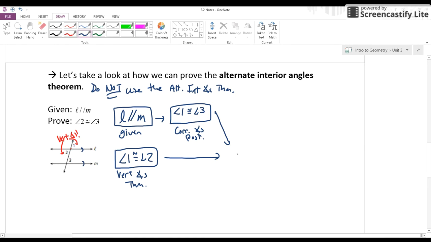So I need to use these two pieces of information to put angle 2 and angle 3 together. So angle 2 is congruent to angle 3 by your transitive property of congruence. And I'm done. So again, notice I didn't use alternate interior angles anywhere in my proof, but I can use anything else. All right? Let me know if you have questions on that.